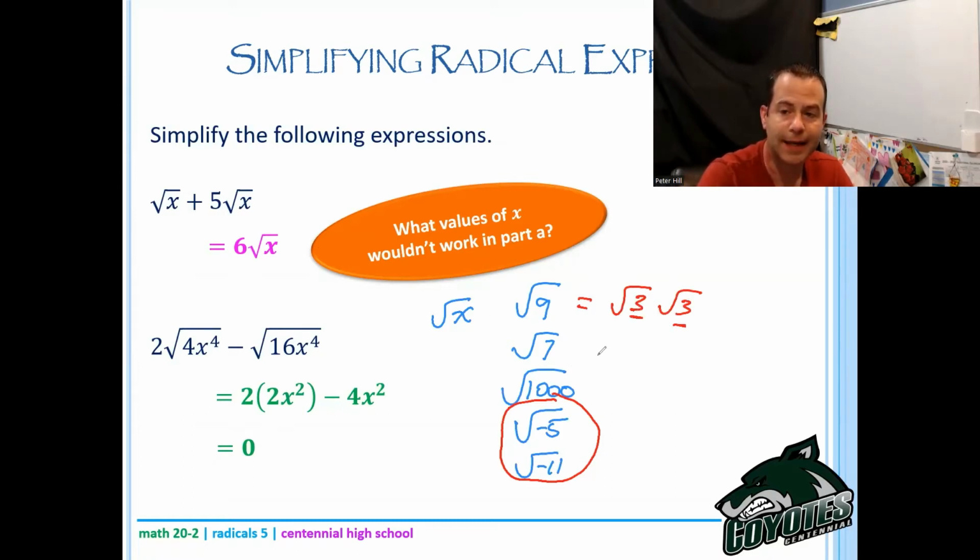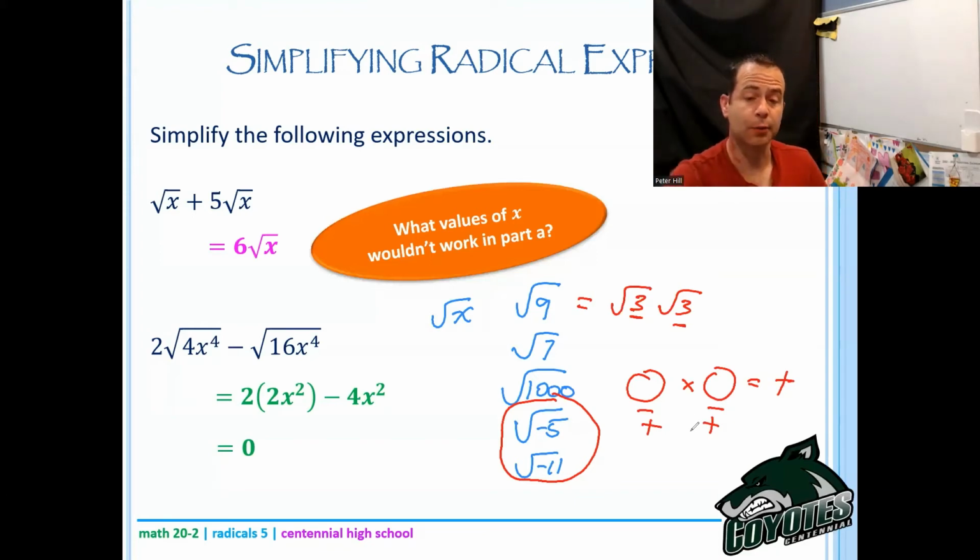You can't take a number and multiply it by itself and get a negative number, because either both are negative and that gives a positive, or both are positive and that still gives a positive. That's why taking the square root of a negative number doesn't exist.